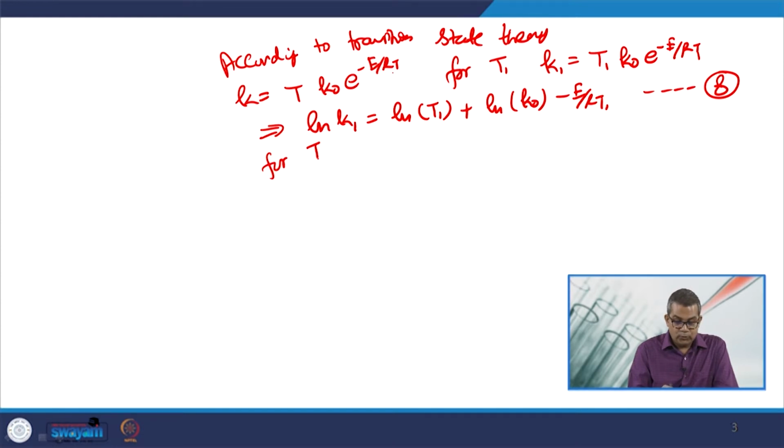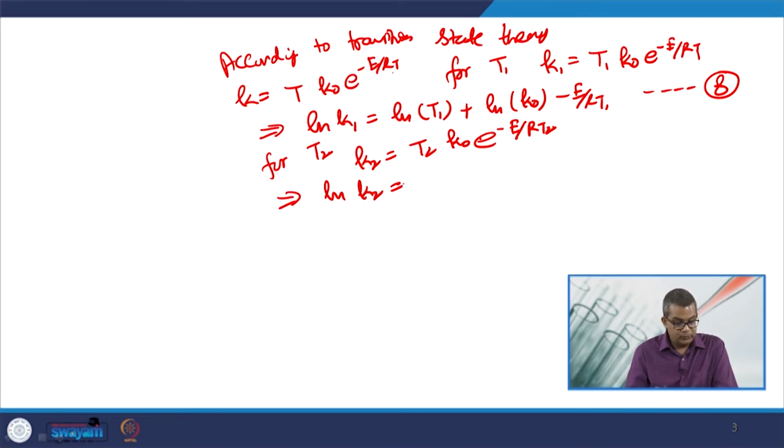Now for T2, K2 is equal to T2 K naught e to the power minus E upon RT2. Remember our reactor operates between T1 and T2. So ln K2 is equal to ln T2 plus ln K naught minus E upon RT2. This is equation number 9.